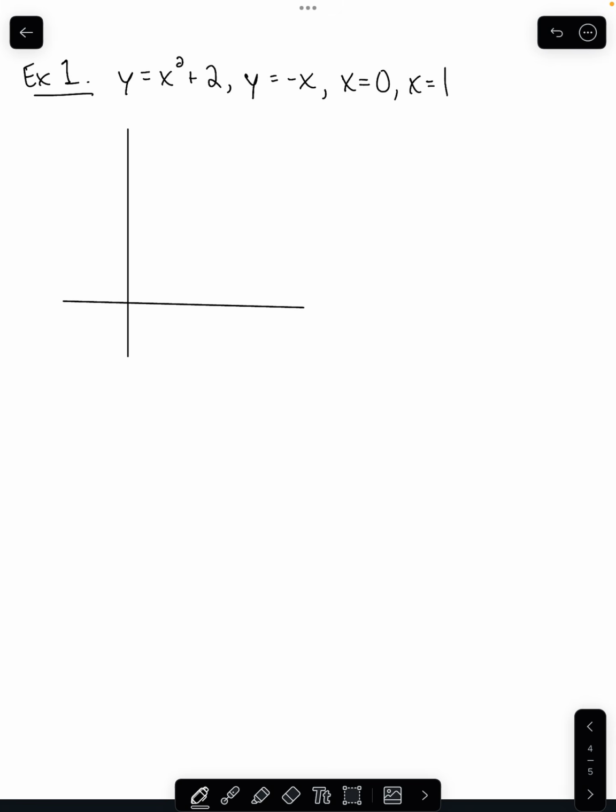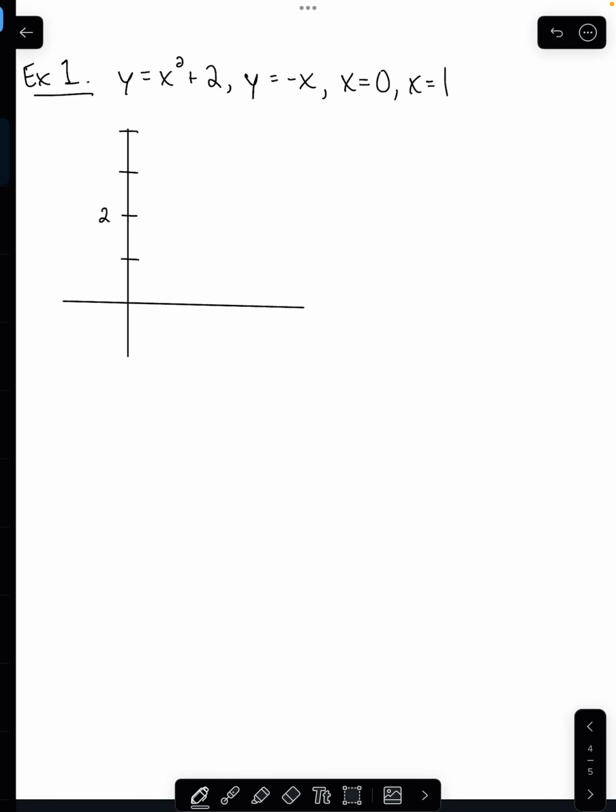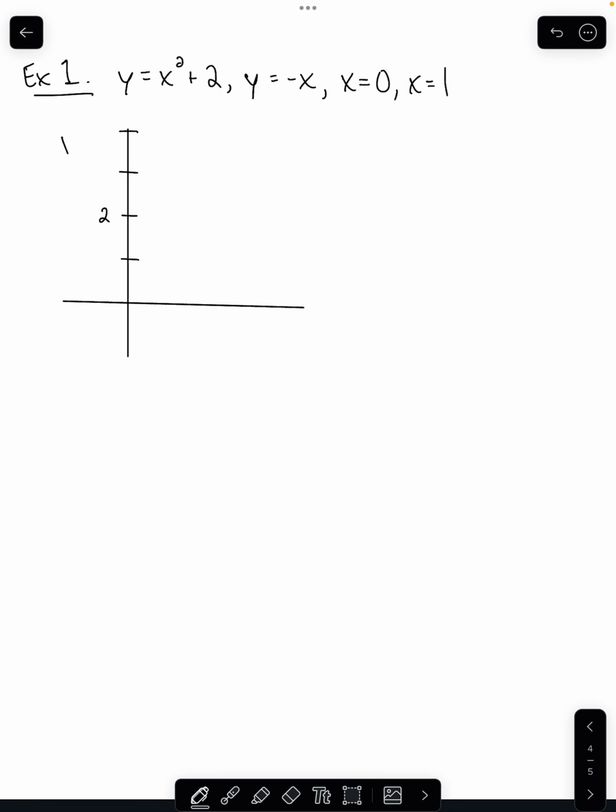We have an upward facing parabola whose vertex is at 2 on the y-axis. And we have the diagonal line y equals negative x, which is a line that is sloped downward, passing through the origin, with a slope of negative 1.